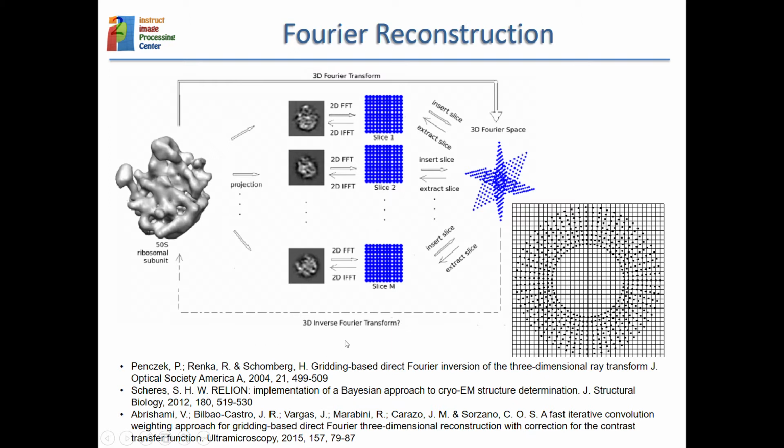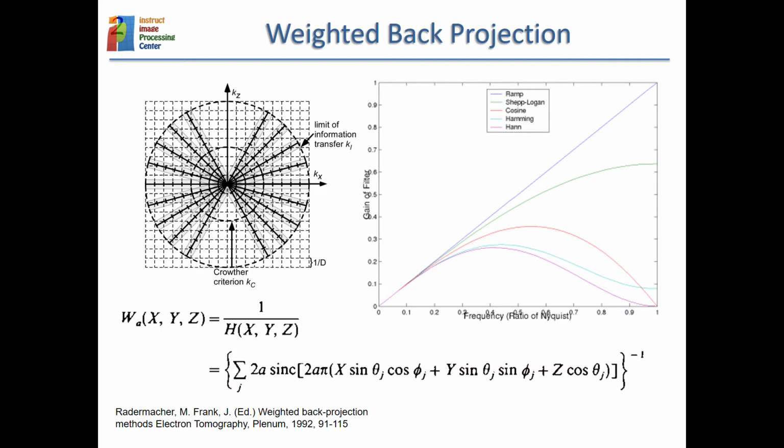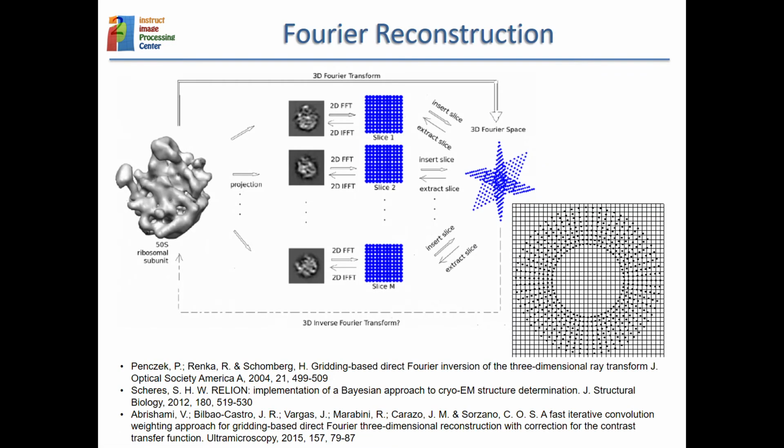Then there are a number of algorithms that are called Fourier gridding. The idea is similar to weighted back projection, to measure somehow what the weight of each one of the Fourier coefficients is. But now instead of reasoning in terms of angular distribution and a filter that you have to apply to the 1D Fourier transform or the 2D Fourier transform, you think of it as a weight that you apply directly in 3D.